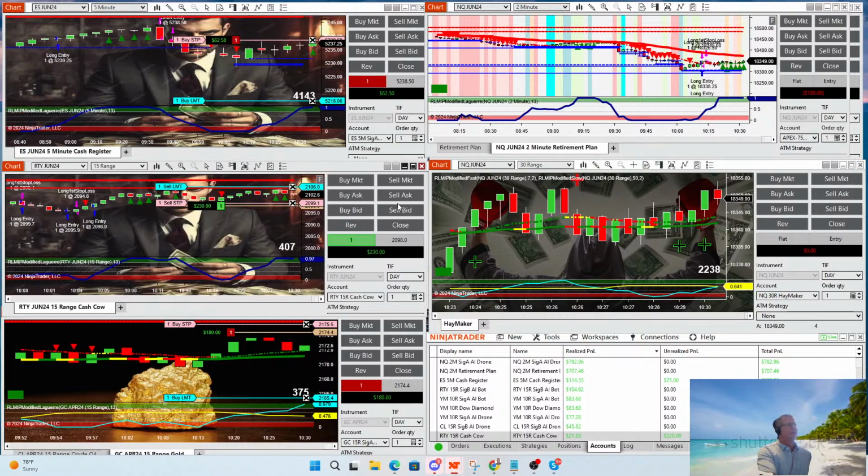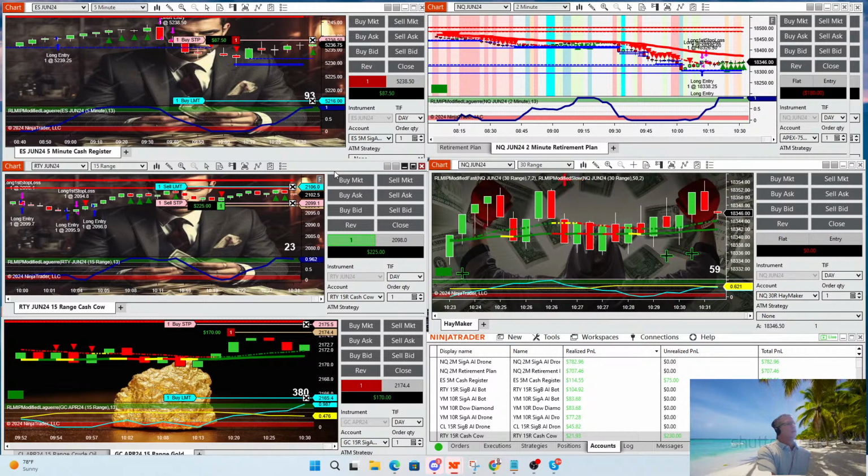Still in the ES trade. It's coming dangerously close to our stop, though. Well, if there was a time to sit on our hands, this is it.